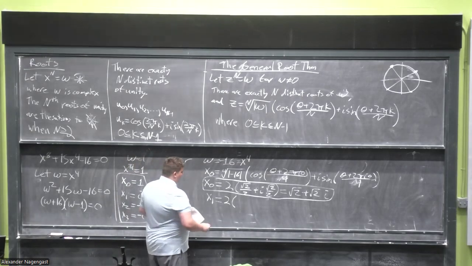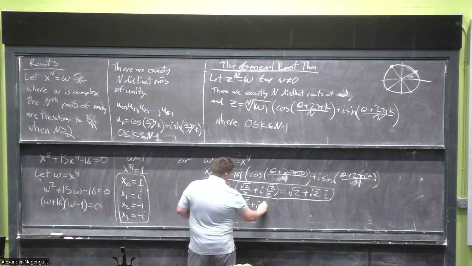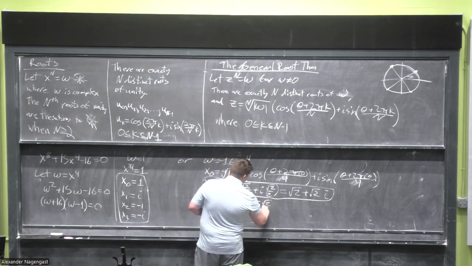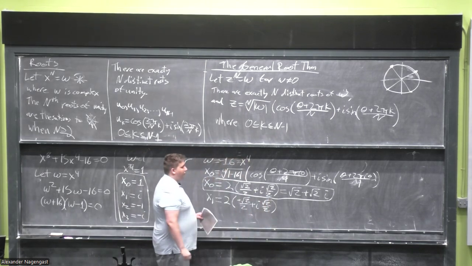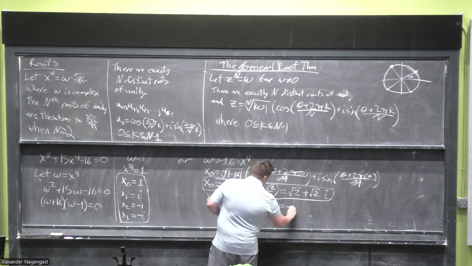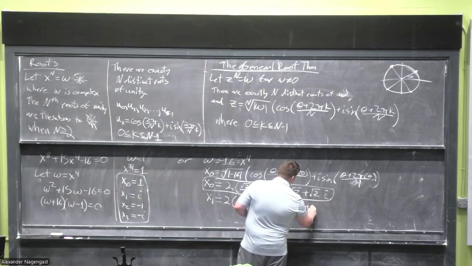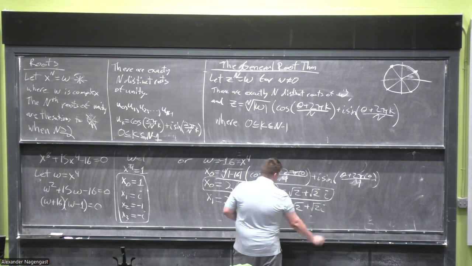And cosine of 3 pi over 4 is negative square root 2 over 2 plus i times square root 2 over 2. The sine of 3 pi over 4 is square root 2 over 2. And this results in negative root 2 plus root 2 i.